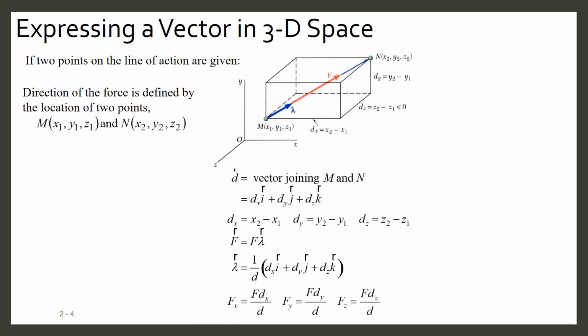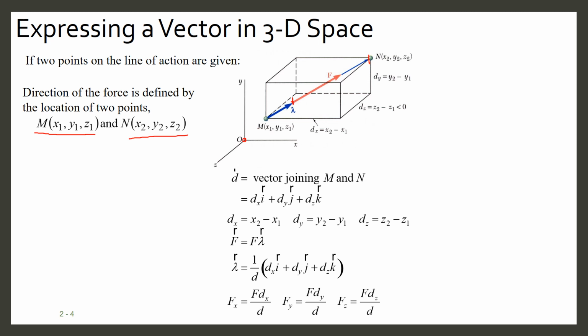Now sometimes it is possible that the vector is not given from the origin. So your origin is here and your vector is here, and you know the coordinates of your vector. Its initial point is known to you, M, with coordinates x1, y1, z1, and you know the final point N, with coordinates x2, y2, z2.